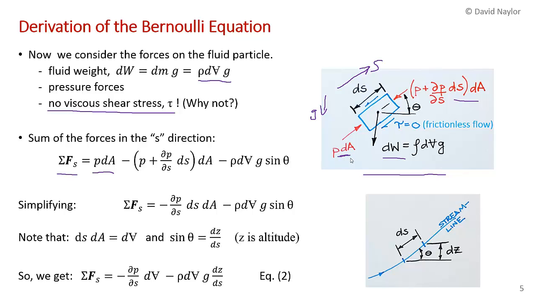And then I've done a little Taylor series here, that the pressure at the other end of the element, moving a little distance ds along the fluid particle, is P plus ∂P/∂s ds.